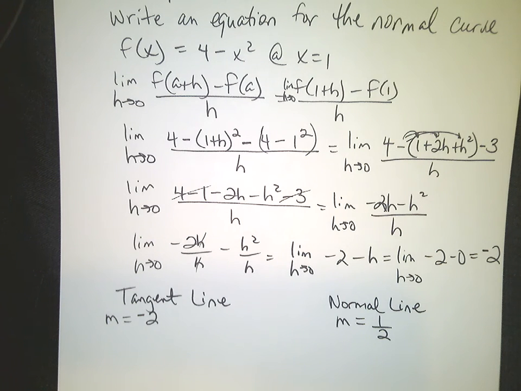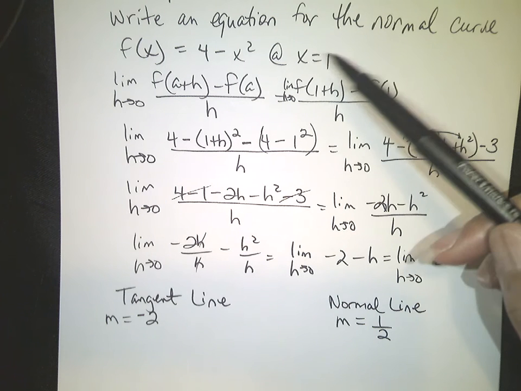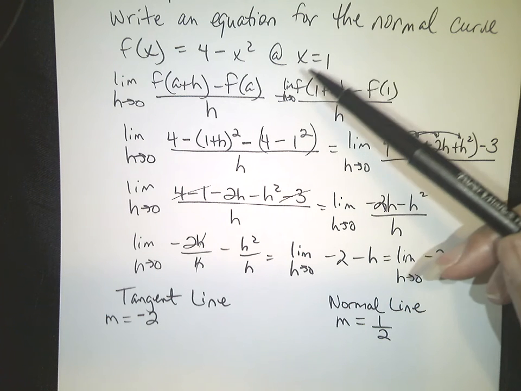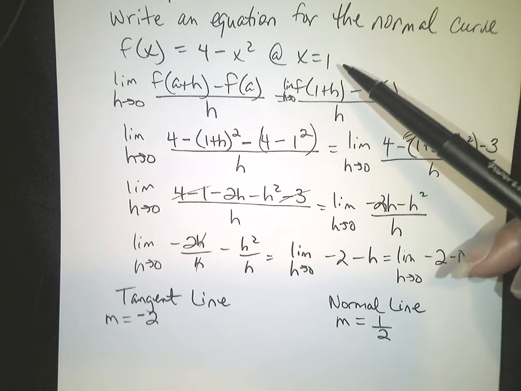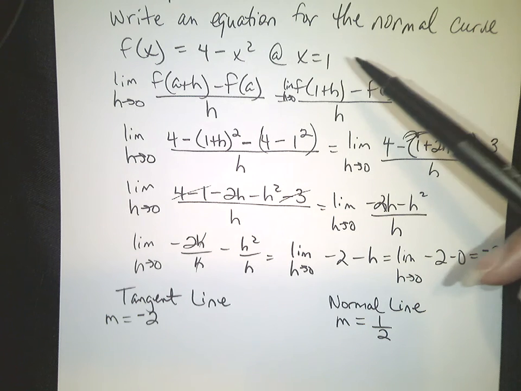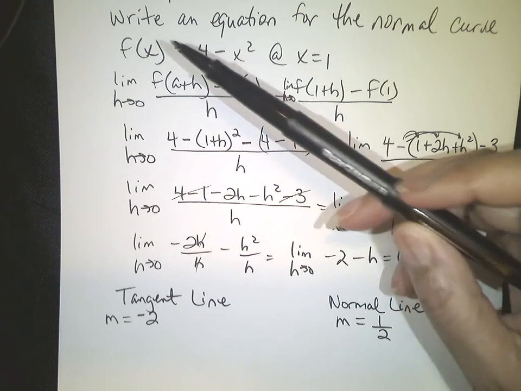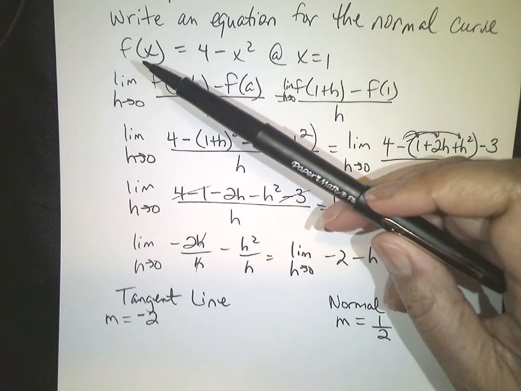Okay? So we have our slope. What else do we need to write our equation? We need a point. Well, we only have x. Everybody look back at the top here. They only gave us x. So we need a y. And what do we do to find our y? Well, you plug it back into this equation, because remember, f of x is y.